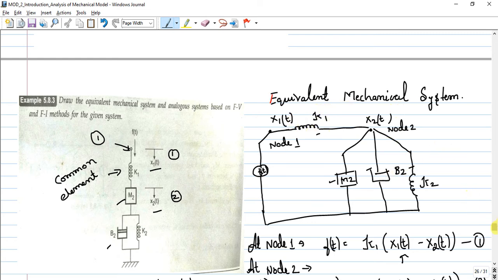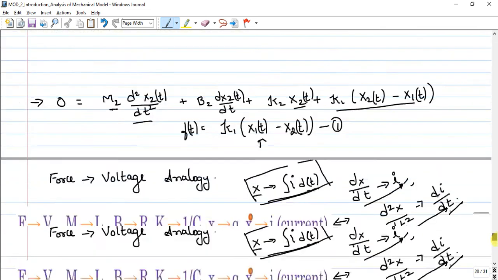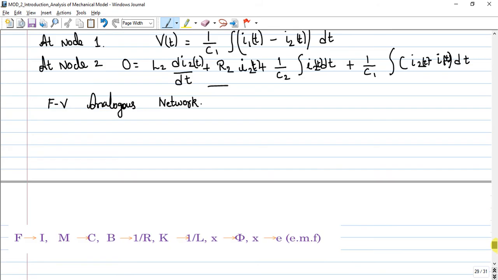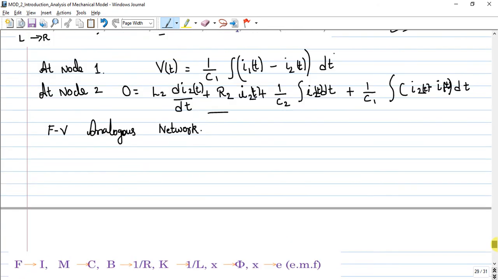Okay, so follow the steps to write down the circuit diagram based on force voltage. As I said, if you have a number of displacements, and in the given problem we have two, I will represent them as loops.